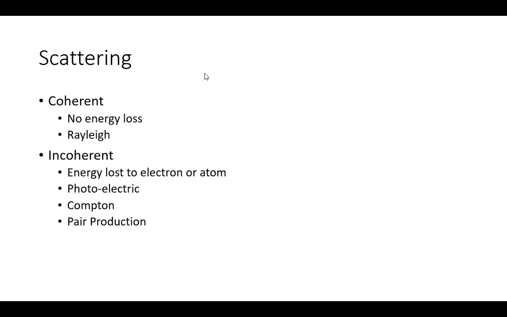Incoherent, you lose energy. So the idea with coherent is the photon doesn't lose energy. Right? Energy is never lost in the grand scheme. We're talking from the photon's perspective. Right? So the photon in coherent stays the same. It just gets scattered.